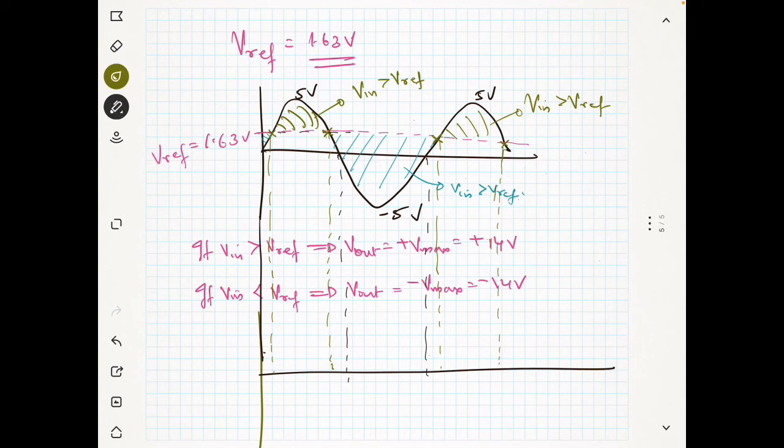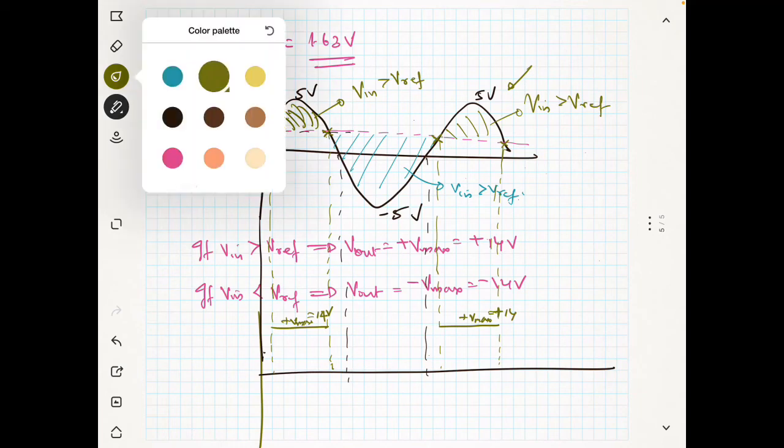Now for this portion, which is above, the output will be plus V max, plus 14 volt. And here also, the second portion is above, so plus V max, plus 14.